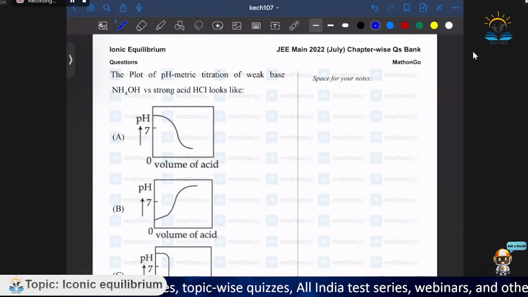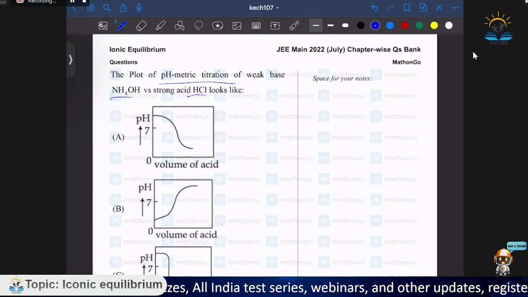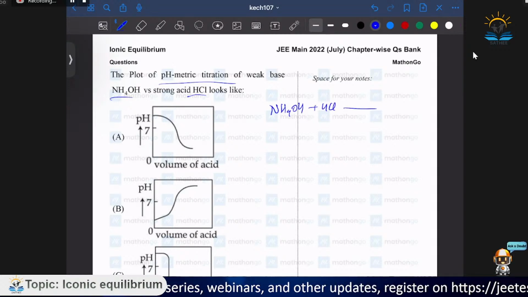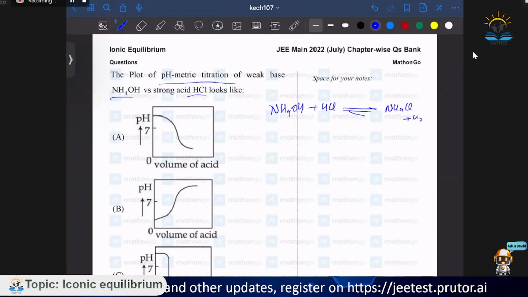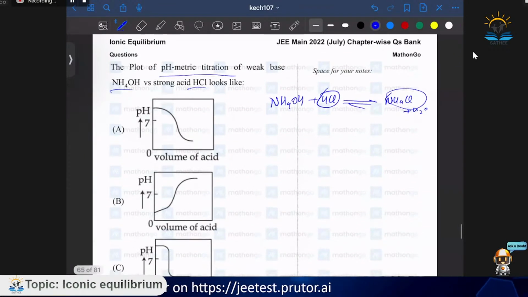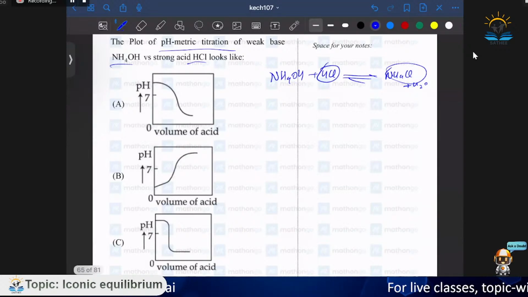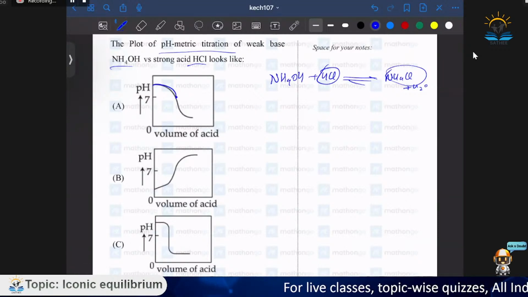Next, they have given a pH metric titration of weak base versus strong acid. So the equation goes something like this: NH4OH plus HCl, and you're getting salt, NH4Cl plus H2O. So as you are adding HCl drop by drop, your pH will keep on approaching the value of 7 gradually.